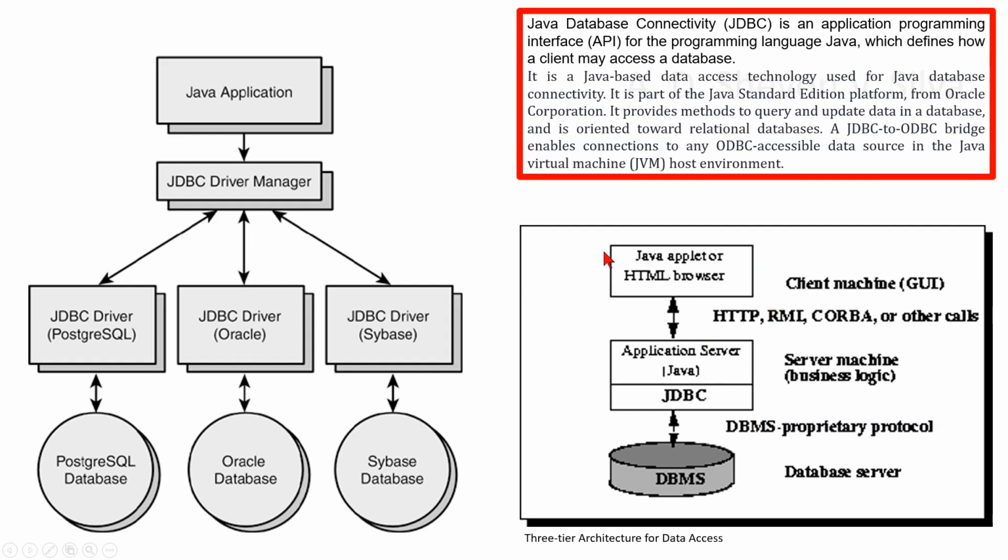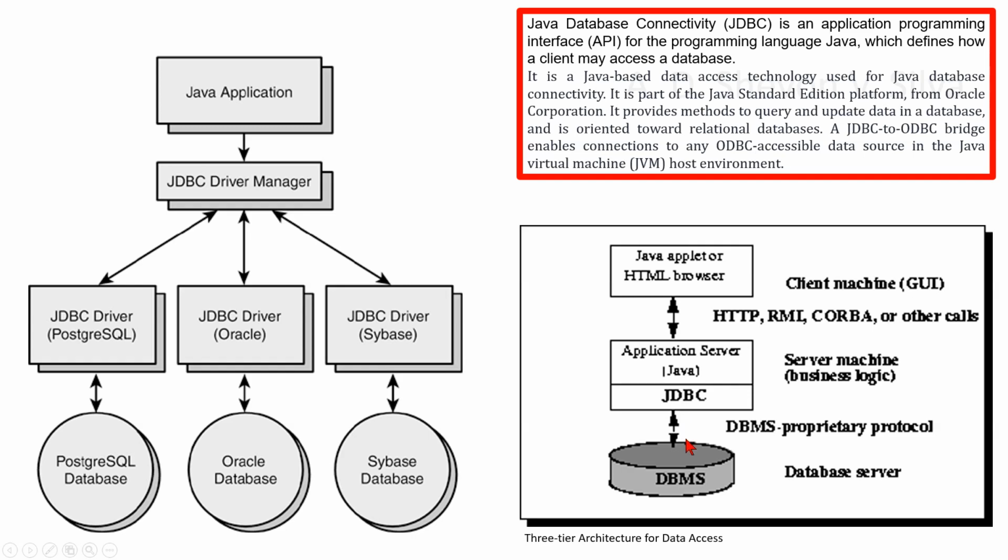Here you can see the client machine GUI. It has a Java applet or HTML browser. On the server machine, the business logic has the application server, Java, JDBC. HTTP, RMI, CORBA, or other calls are passed from client machine to server machine and server machine to client machine.